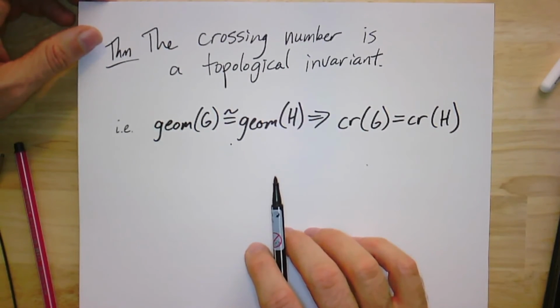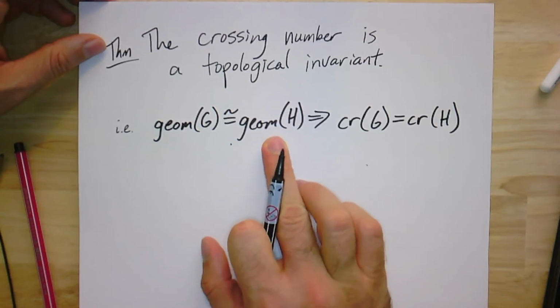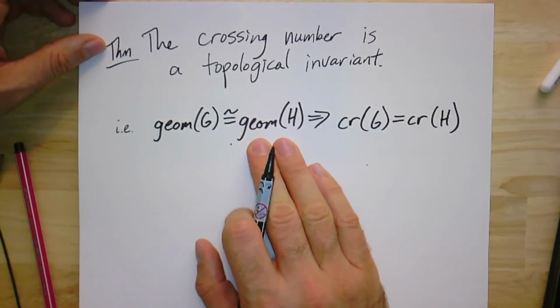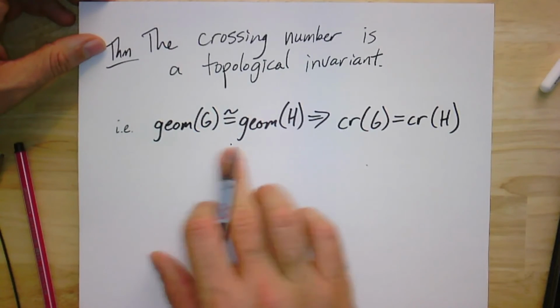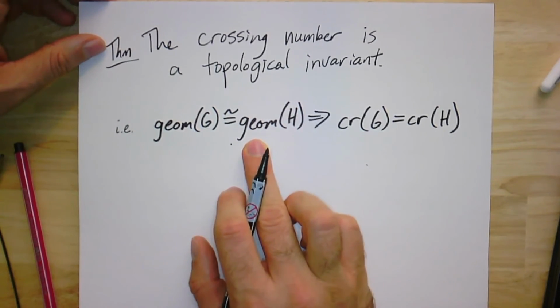And let me just show you what goes wrong if you try to just take a non-degenerate drawing of H, and look at how it gets composed with this homeomorphism.